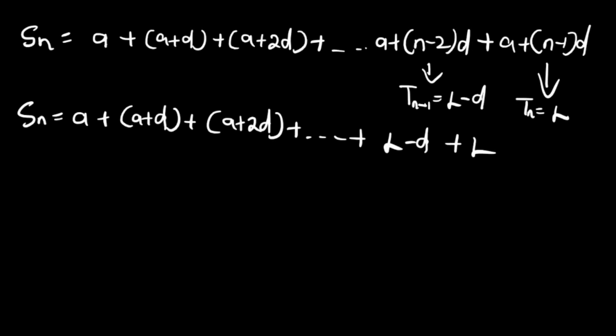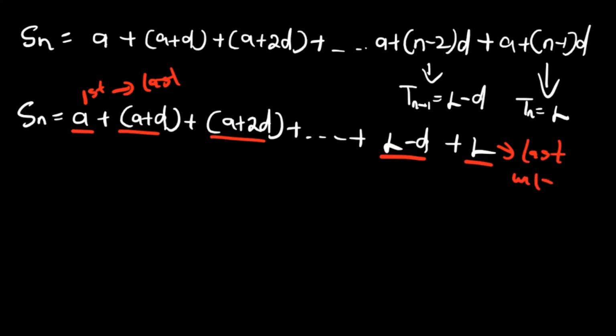So now what we're going to do is reverse the sequence here. Meaning that this being the second last term and this being the last term will be your first terms, and these ones will be your last terms.